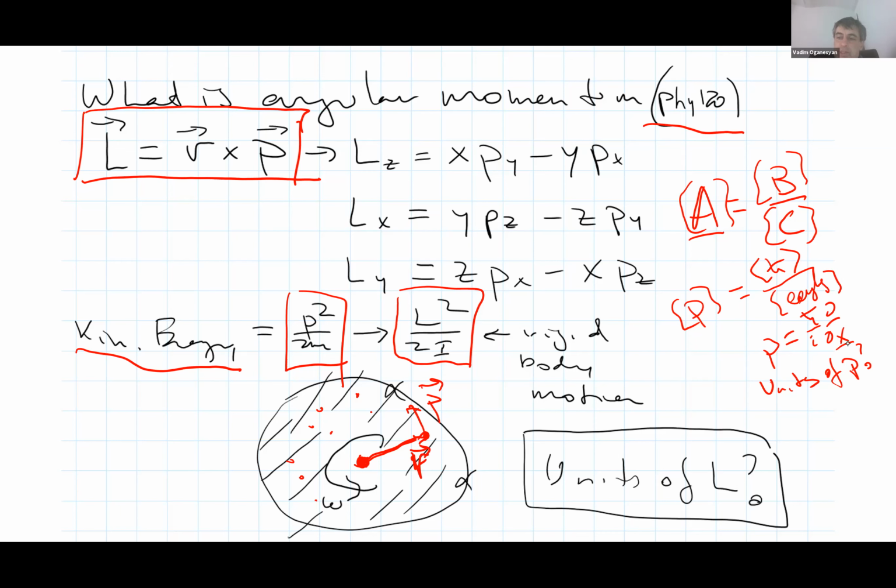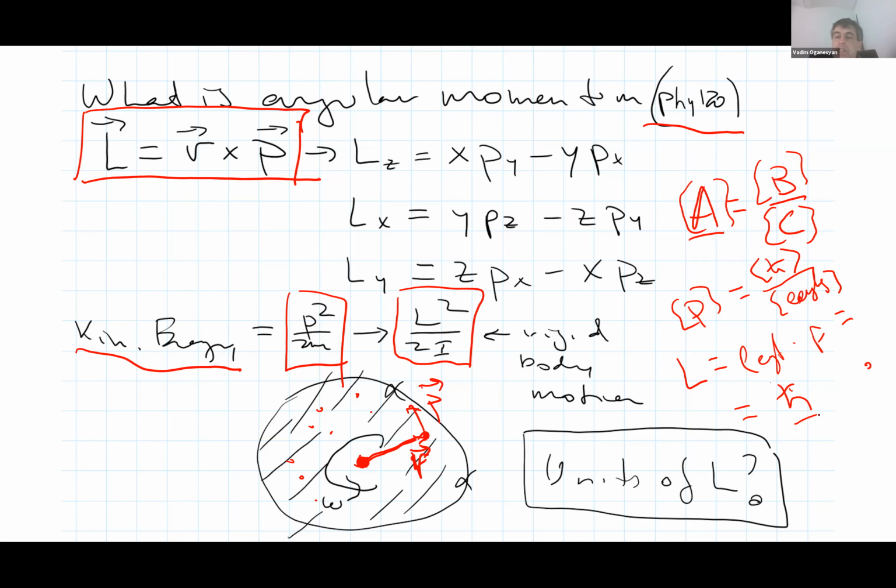So all I was trying to get out of this wake-up question is that if the units of p are the units of h bar, whatever they are, they could be complicated, divided by length, the units of angular momentum, even though there's a cross product, it's still a length times p, right? Length times p. That means that the units of angular momentum, even before we go to quantum mechanics or anything, are h bar.